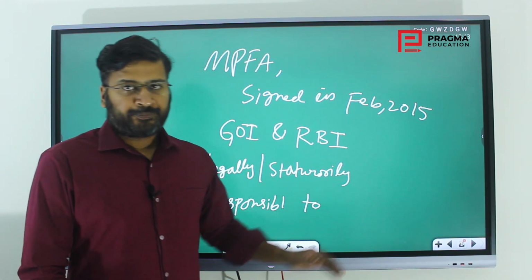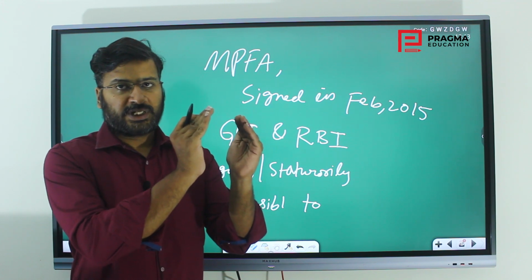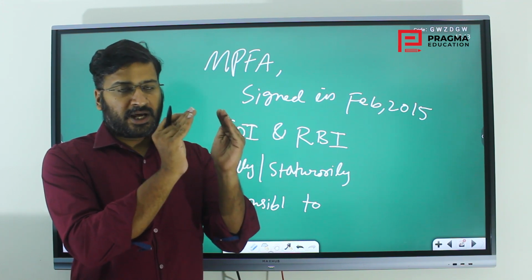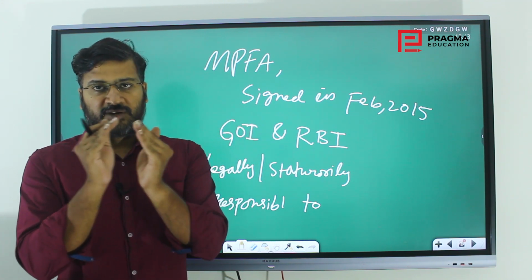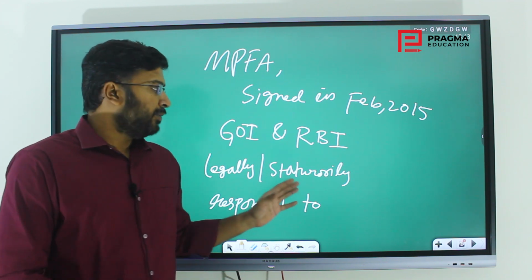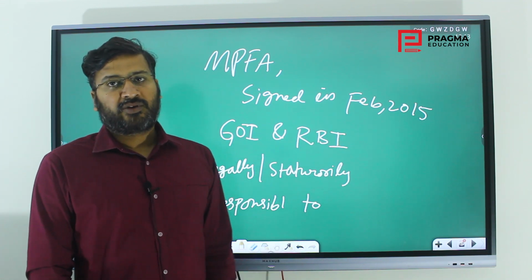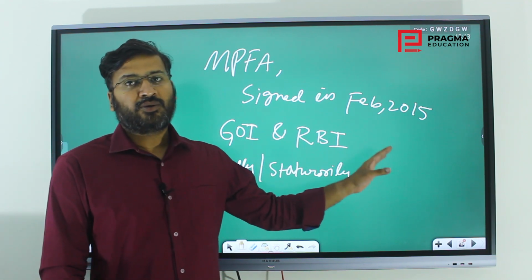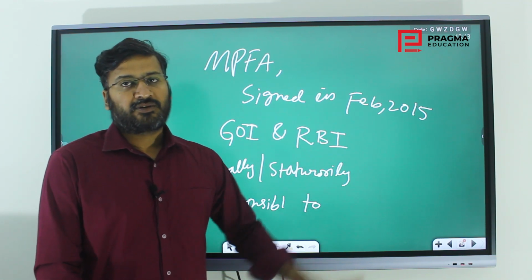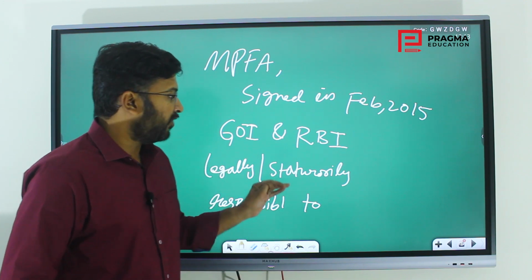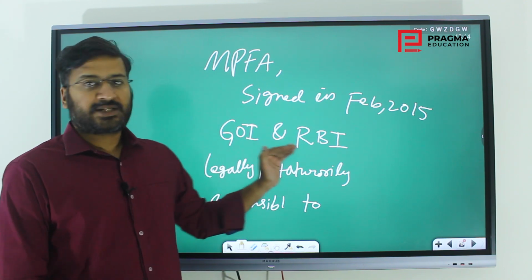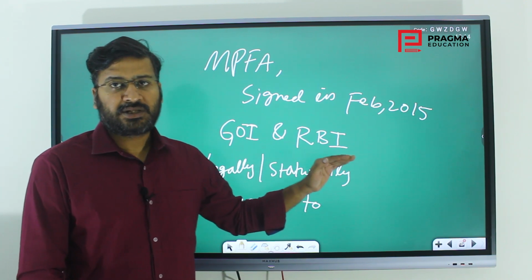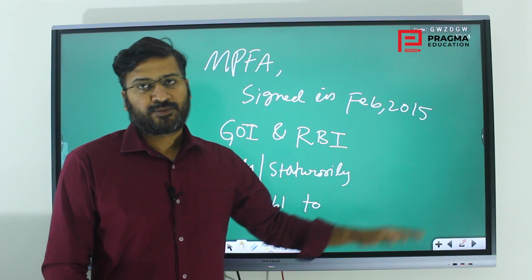It means they will decide a target range for inflation, and if the target is not met for three or more consecutive months, the RBI should give in writing to the Government of India why it couldn't control the inflation and what measures it will take to further control it. That is what they mean when they say the RBI is legally or statutorily responsible.